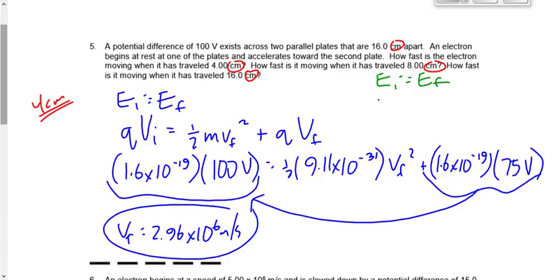We could have said initial potential, no initial kinetic, right, equals, well, let's define our 0 point when it's gone 4 centimeters. Does that make sense? I'm defining that as like ground level. Okay, if I do that, then what would my initial potential be relative to the final? 25.